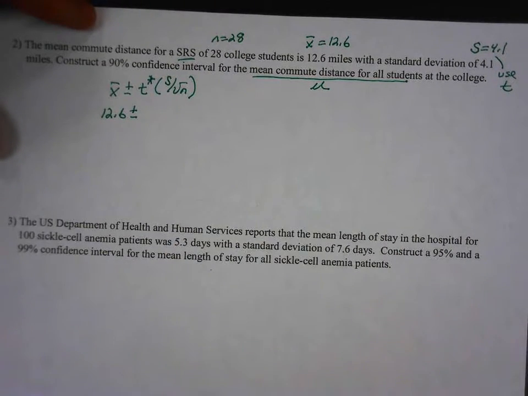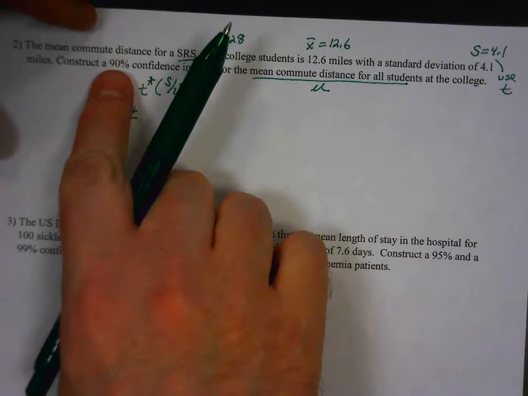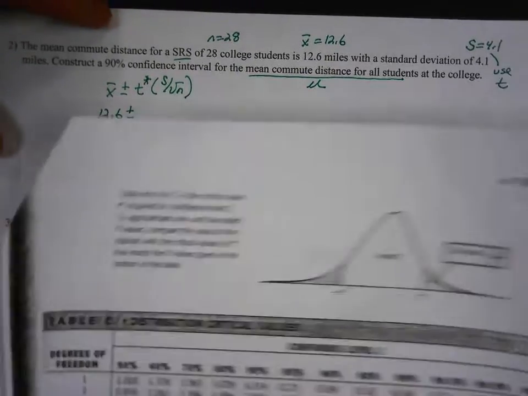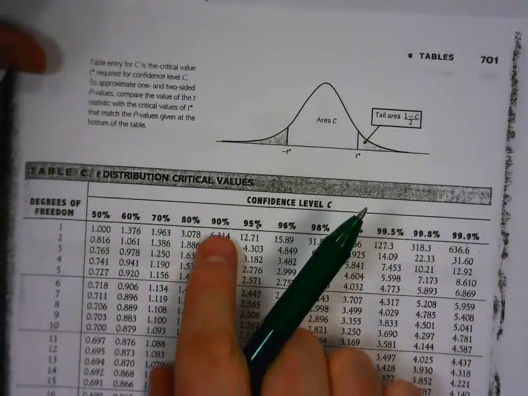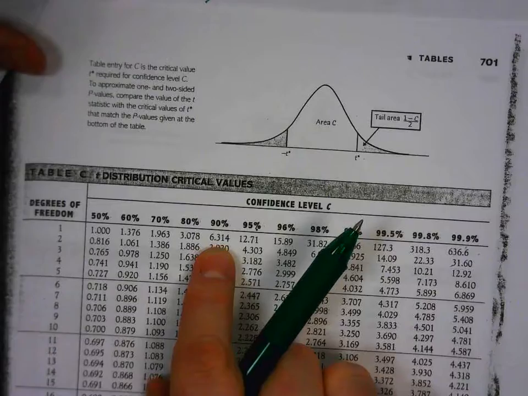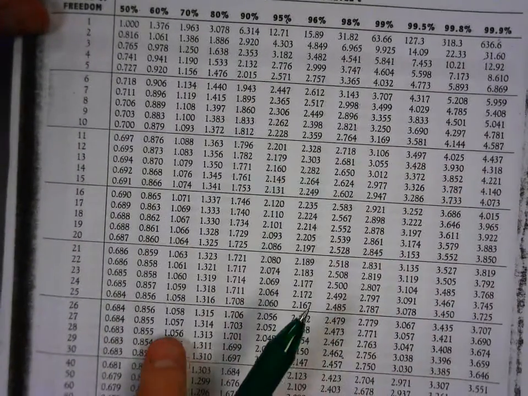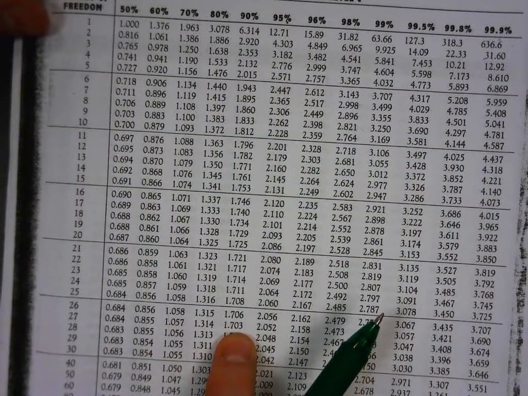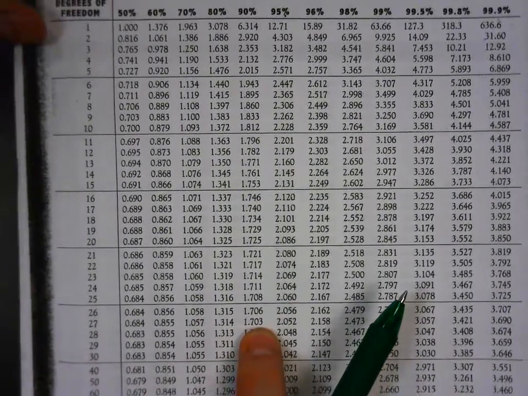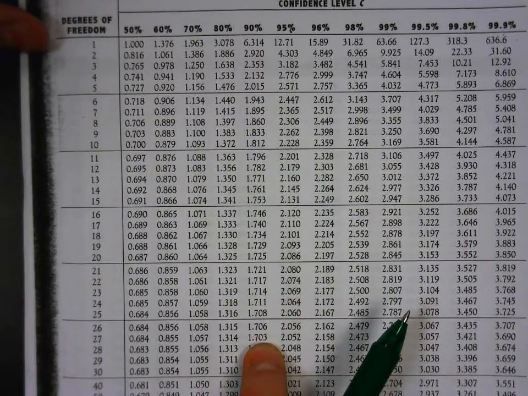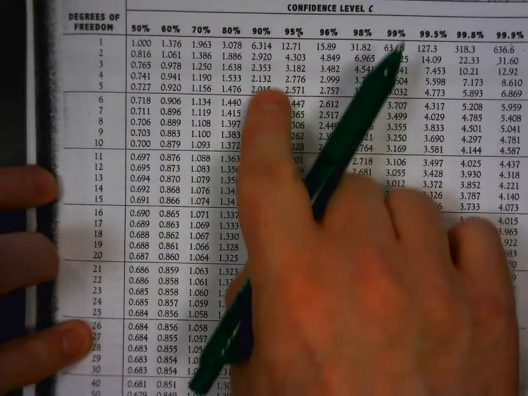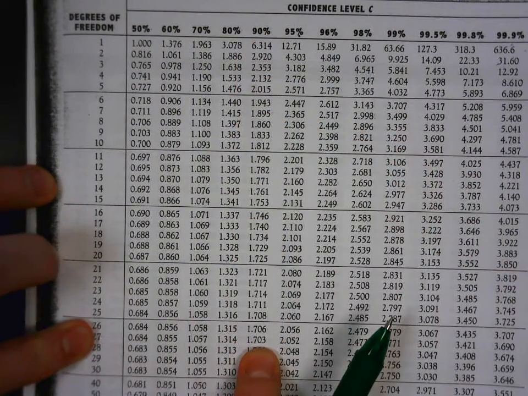So 90% confidence with 27 degrees of freedom gives us 1.703 for t star.